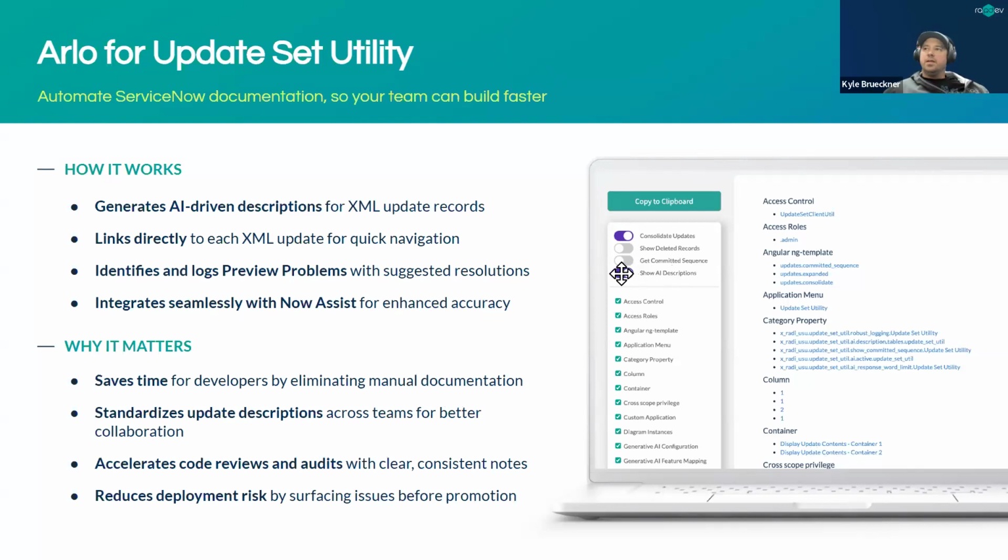And if they click the Show AI Descriptions toggle here on this UI page, the system will reach out to the LLM that's configured, pass it in some of the object information from the XML updates table, and the LLM will provide a summary, a description of what was developed so that we can take away the need for technical writing and release notes and exploring technical debt. We can take that away from the developers and put that burden onto the machine.